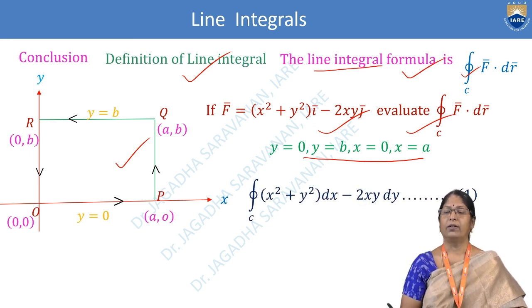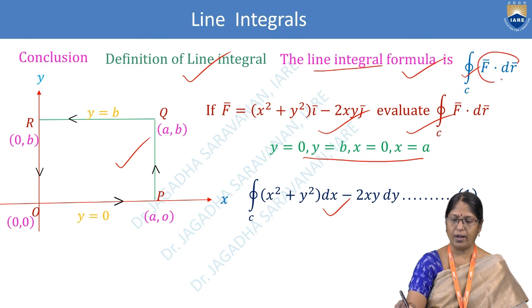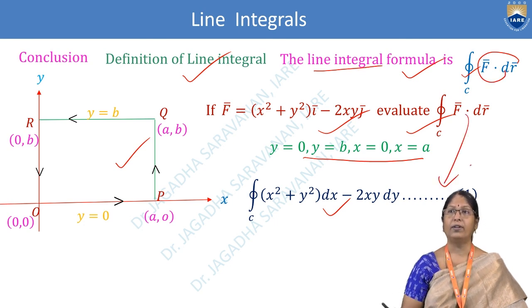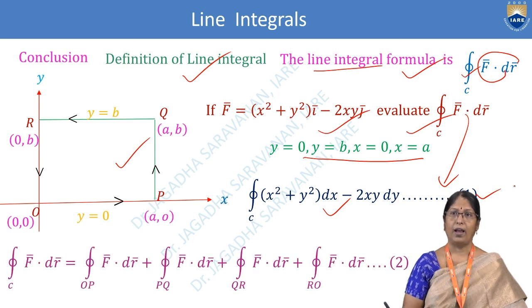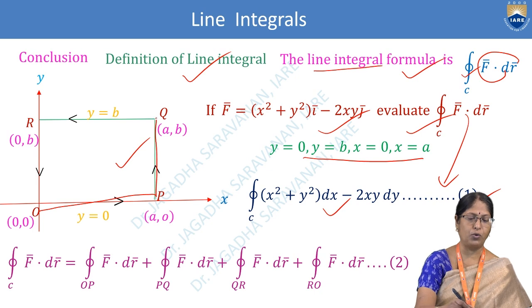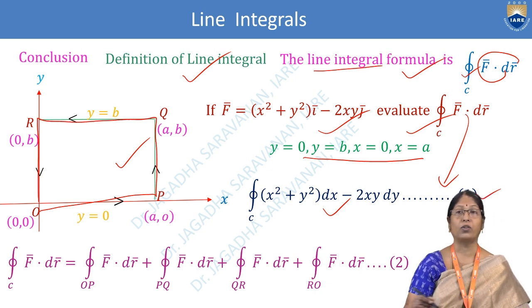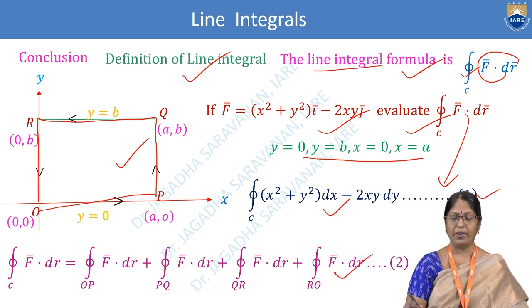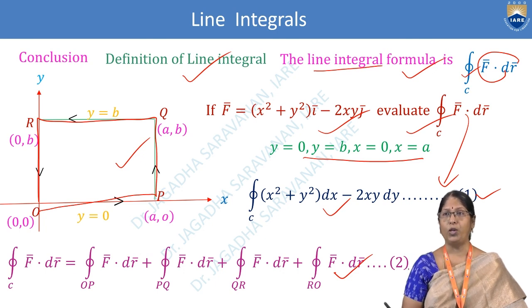And this F dot dr, according to our equation, we named it 1, and the particle moves from O to P, P to Q, Q to R, R to O. We named it 2, and we evaluated and solved it.